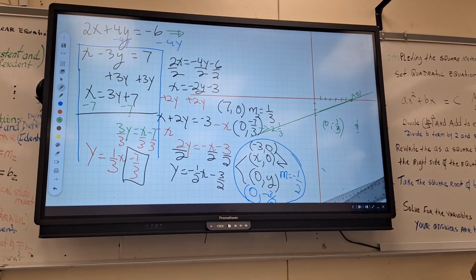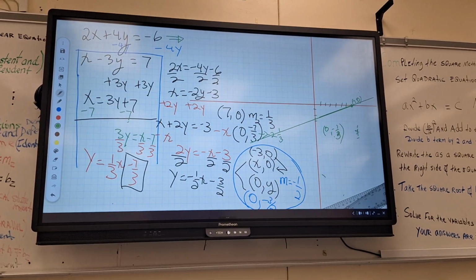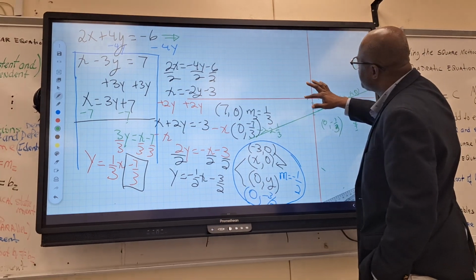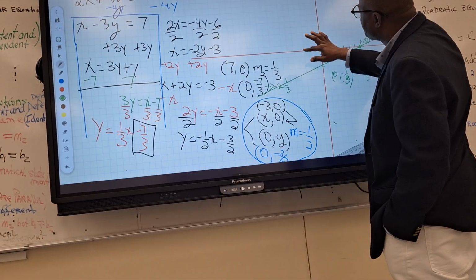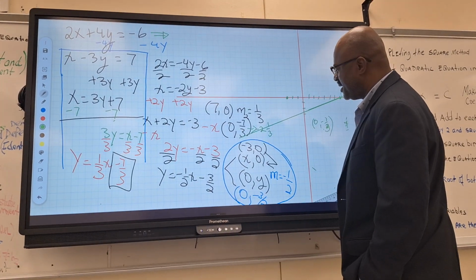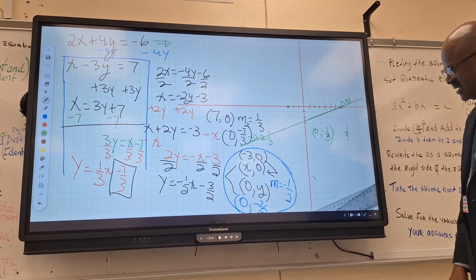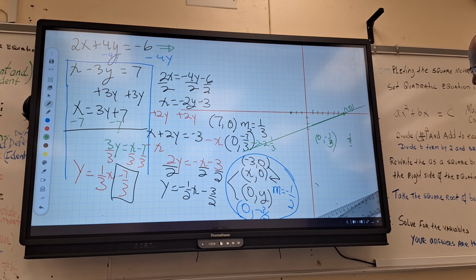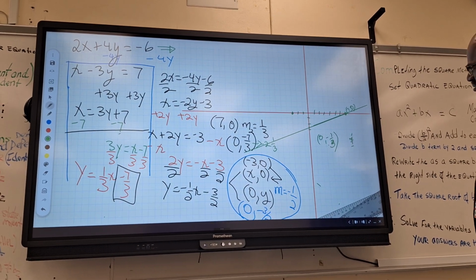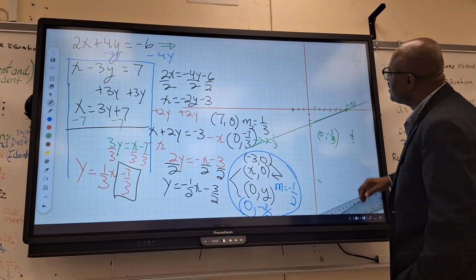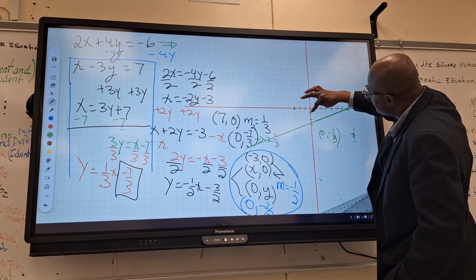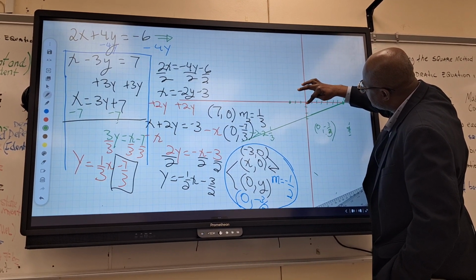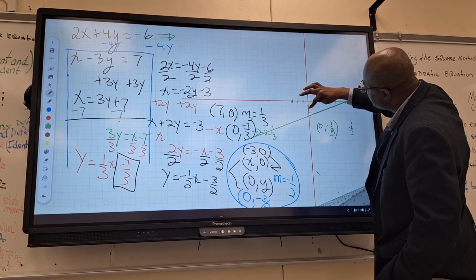Then look for the other. We have -3, 0. Where is that? To the left. Go to the left. That will be 3 units to the left. That will be -3, 0. And the other one is -3/2, right? That's between what two numbers? You go down. 3 over 2 is 1 and 1/2.